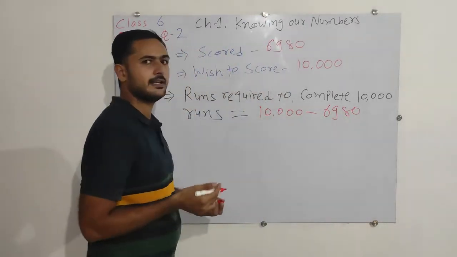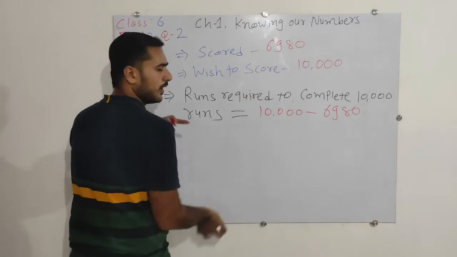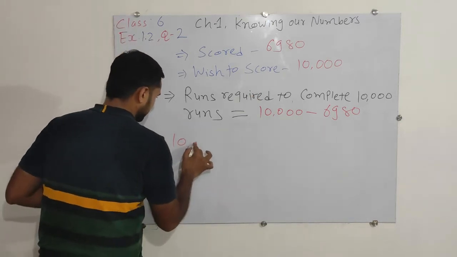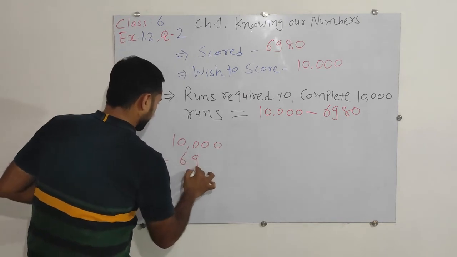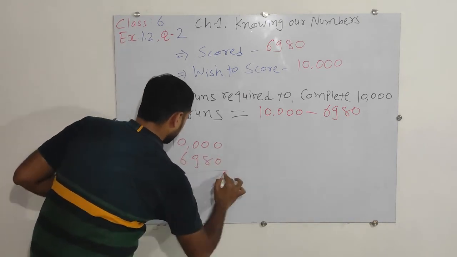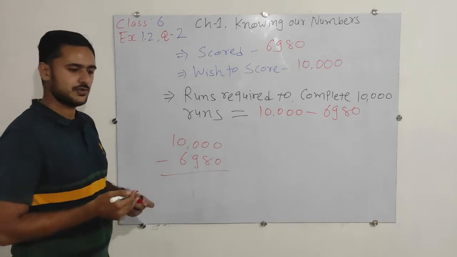I am doing it vertically, 10,000 minus 6,980. Let's do the subtraction.